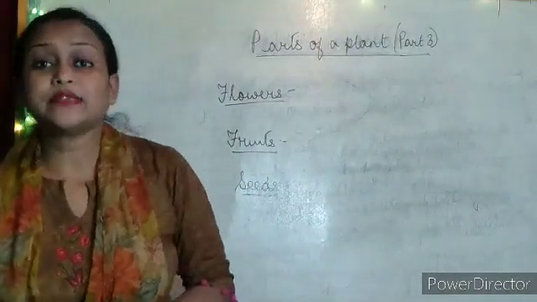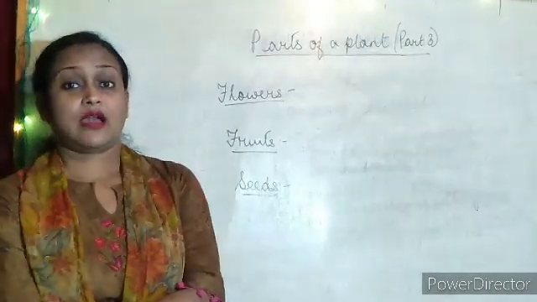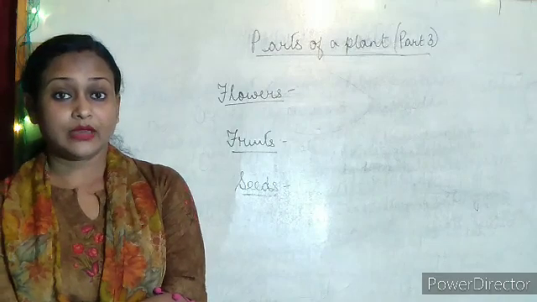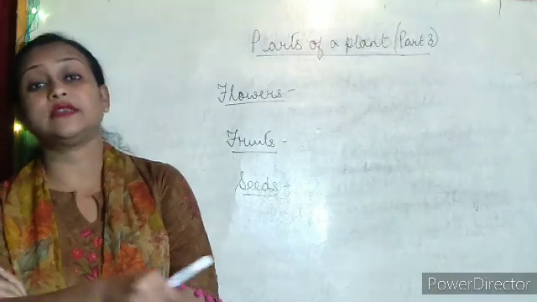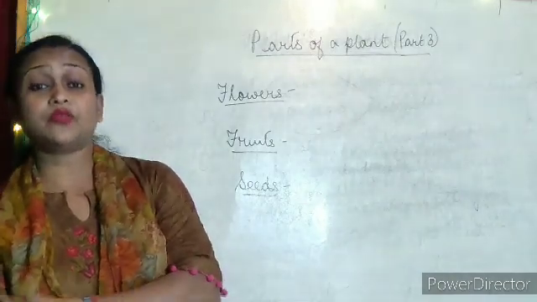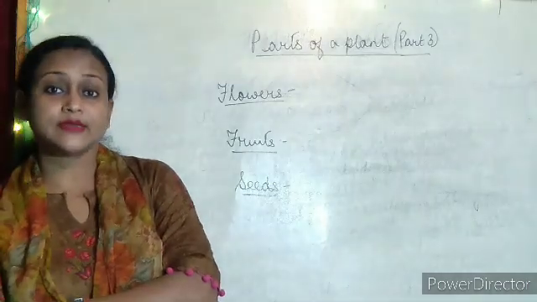Now most plants produce seeds, and these seeds have a baby plant inside them. If you have observed, when you sow a seed into the soil and keep on watering it properly, after a few days a new plant develops from the seed.